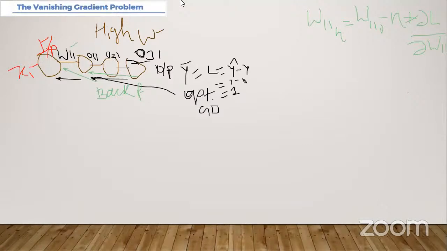I have to write a chain rule to calculate W11. So again, I have to write this derivative, dL by dW11, and expand it for you guys.